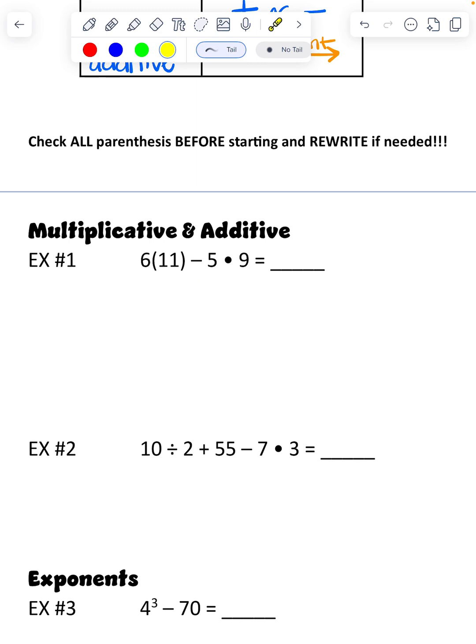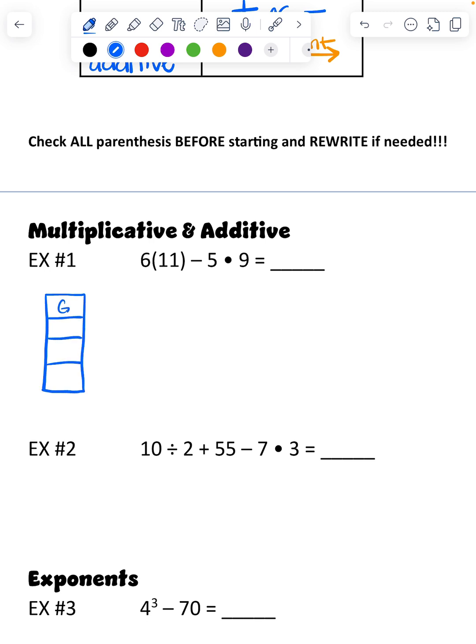What you need to know about order of operations is that they are used when you have multiple operations. We can clearly see that we have several operations happening in this problem. Anytime I see lots of operations, I'm going to draw my GEMA tower.